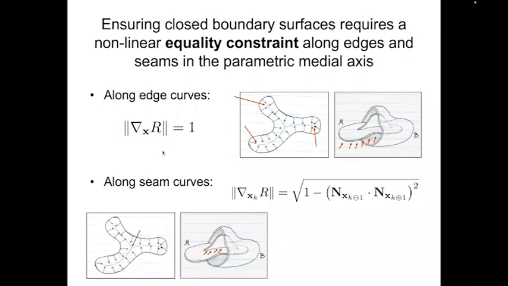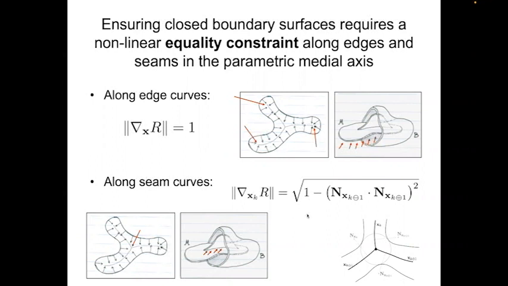But it's a similar problem that along these curves here and here in 3D, we have to satisfy these equality constraints. This is the fundamental reason why 3D is so much harder than 2D.